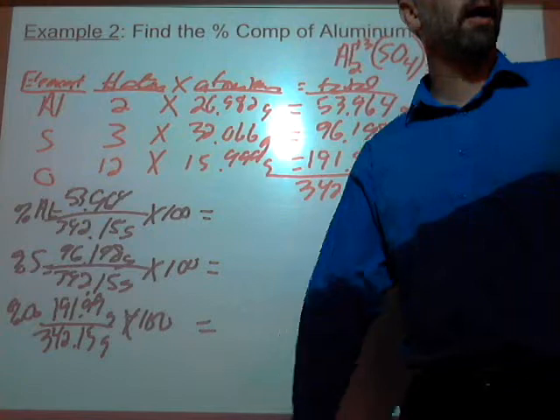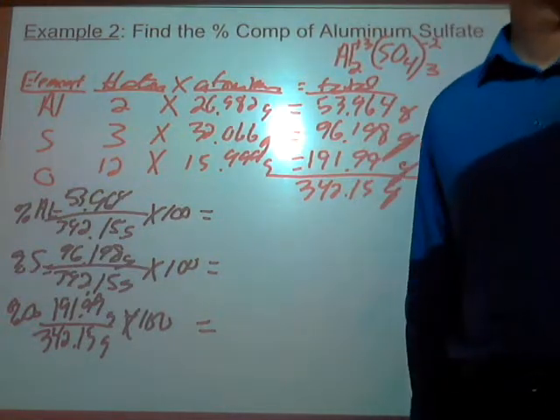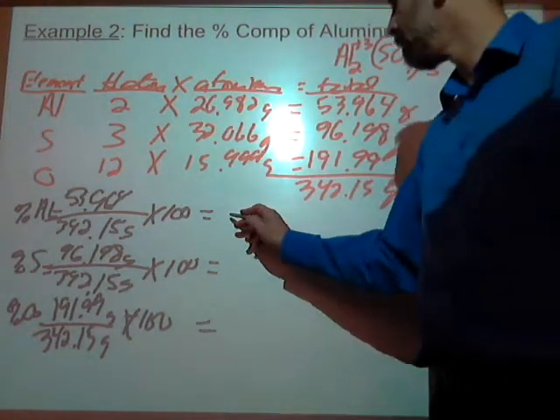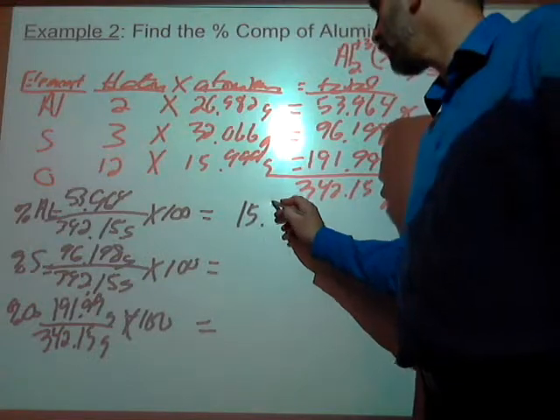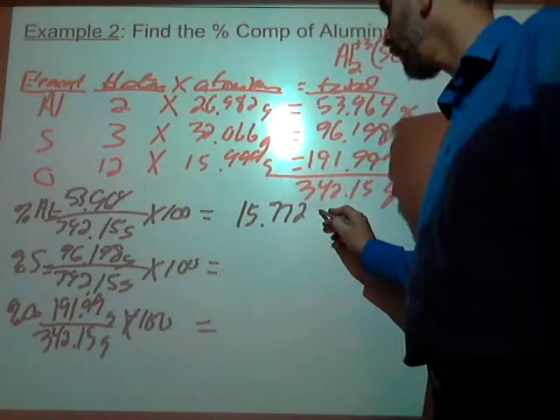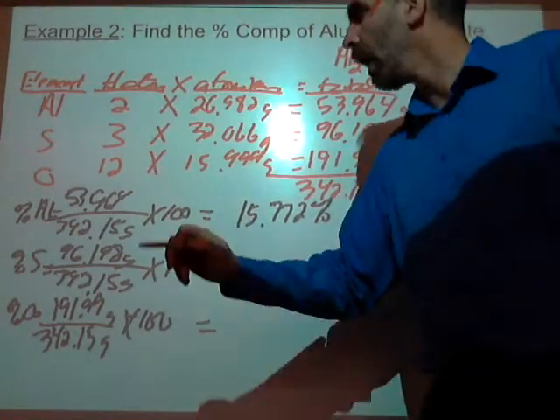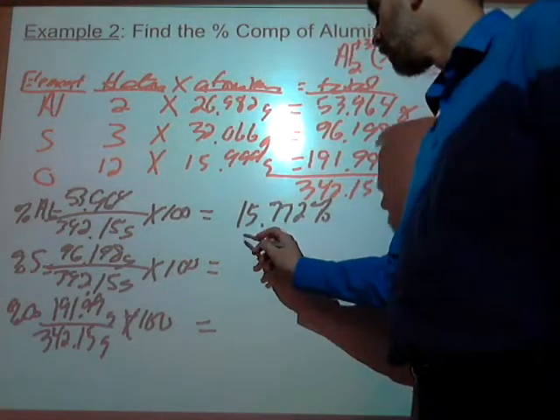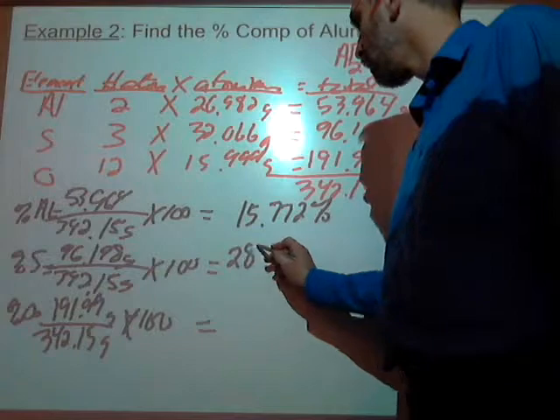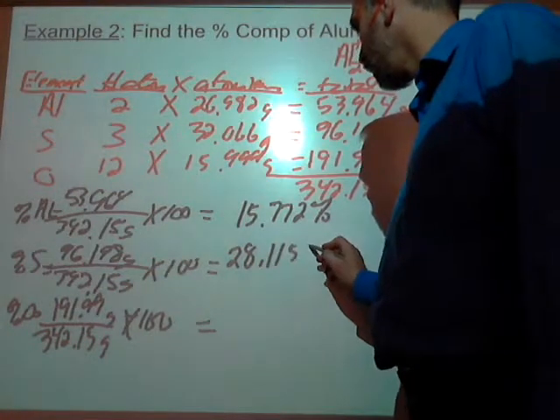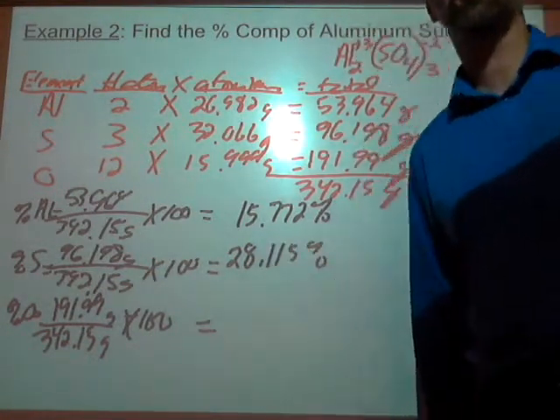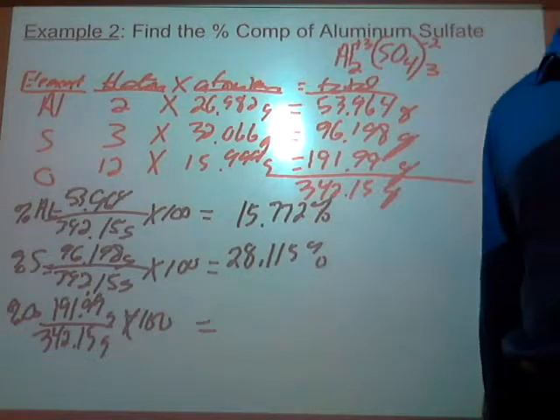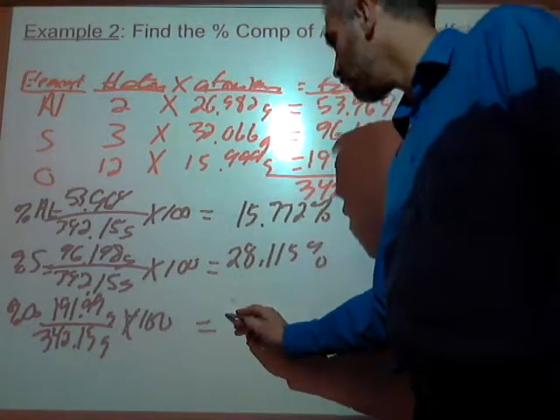All right, let's go back to aluminum. Who got that one? 15.772. Is that right? Percent? Okay. How about for sulfur? Who did sulfur for me? 28.115. Okay. And oxygen? Who did that one? Jerry. 56.113.